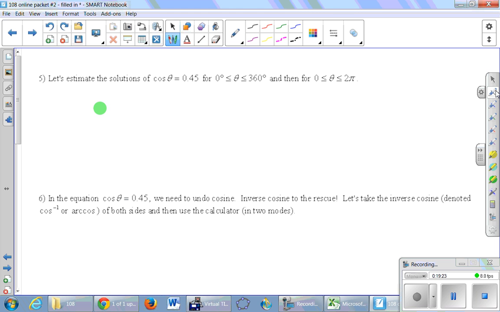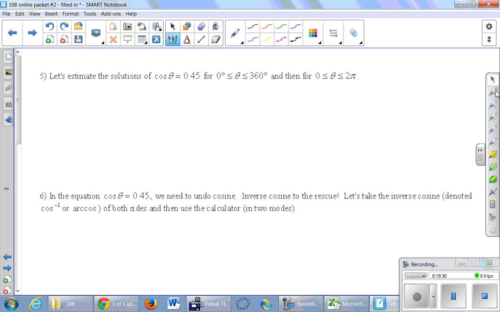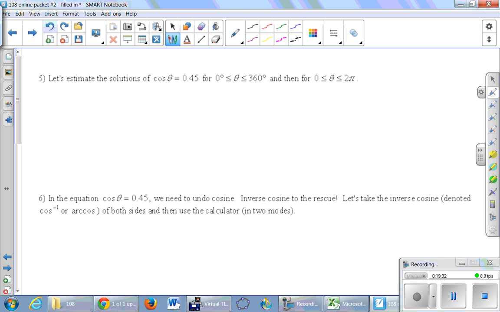Okay, so the degree answer that we estimated, the first one was a little bit more than 61 degrees. So we'll say theta is roughly maybe 61 degrees, or roughly, we wanted something a little smaller than the 300, so maybe 298.